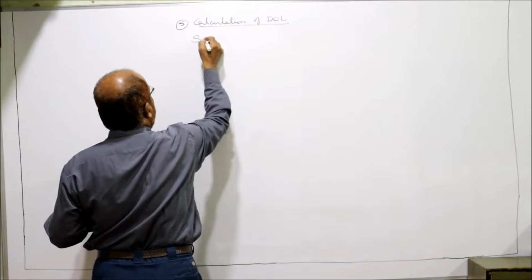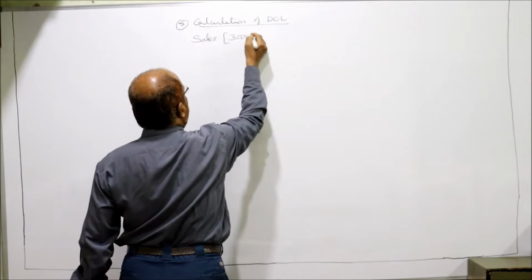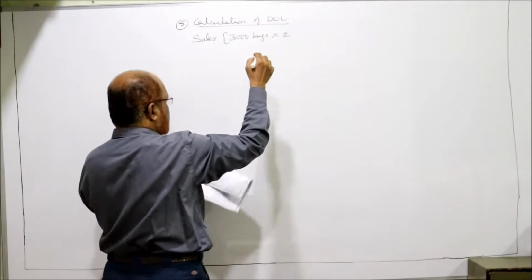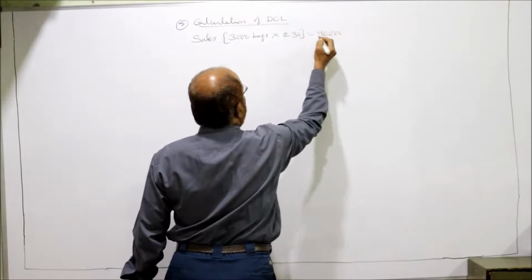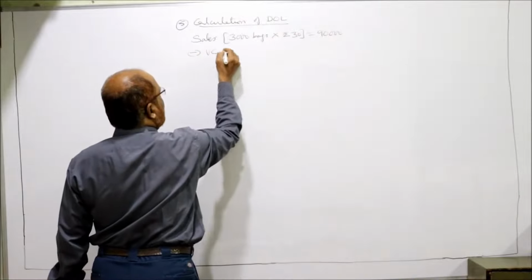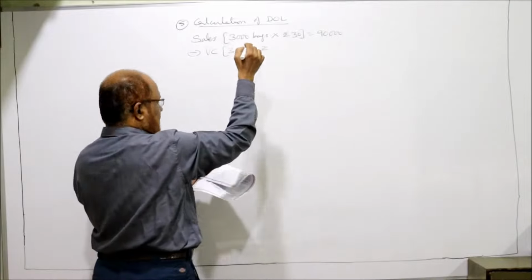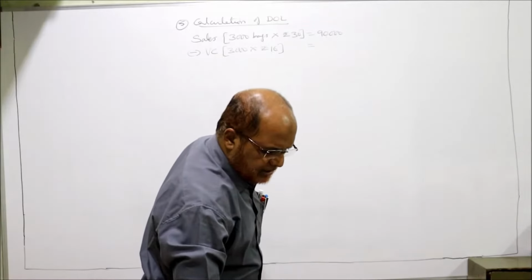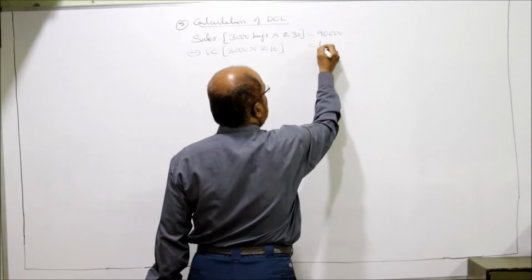DOL, sales. The sales are given as 3,000 bags into rupees, what is the selling price per bag? 30. So 90,000. Less variable cost, 3,000 bags into rupees 16, 3,000 into 16, so you are getting 48,000.